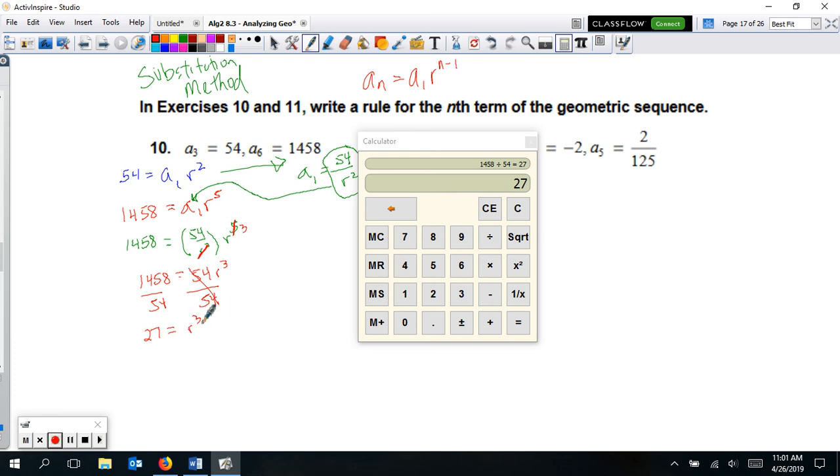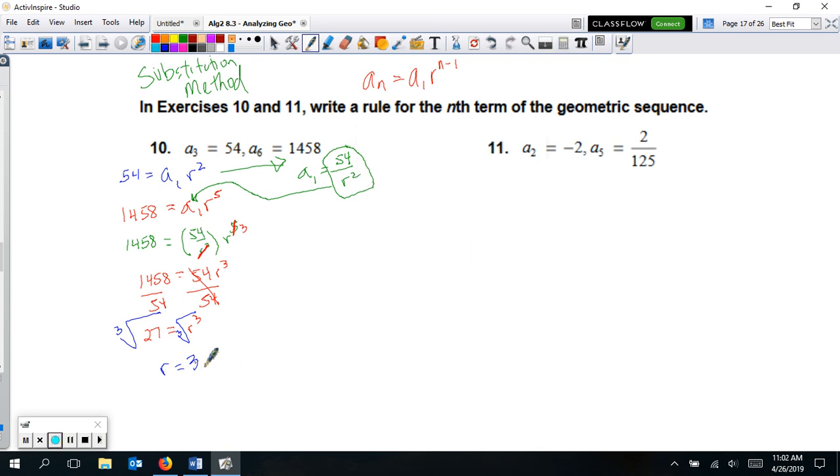Now to get rid of the exponent of 3, we need to undo that with a cube root. So let's do a cube root now. So I'm going to take the cube root of each side. So that's going to free my r, so I'll now find out what the r is. Cube root of 27 is 3. We should know that one. So now I get 3 for r.